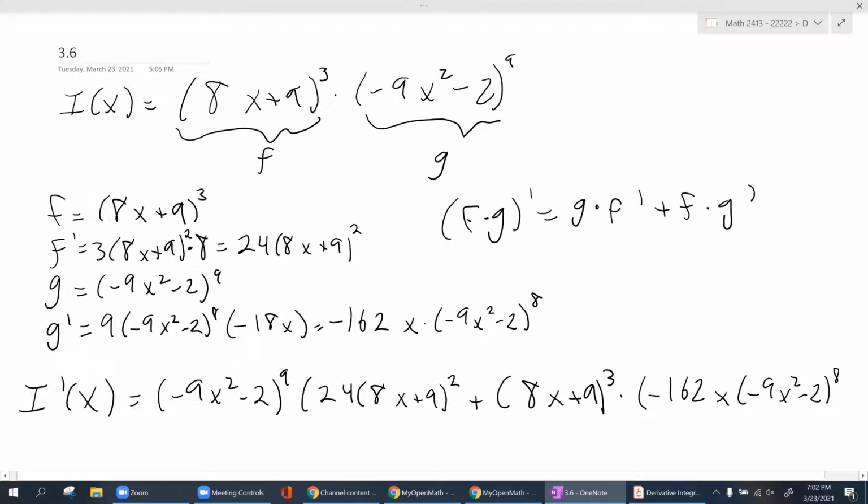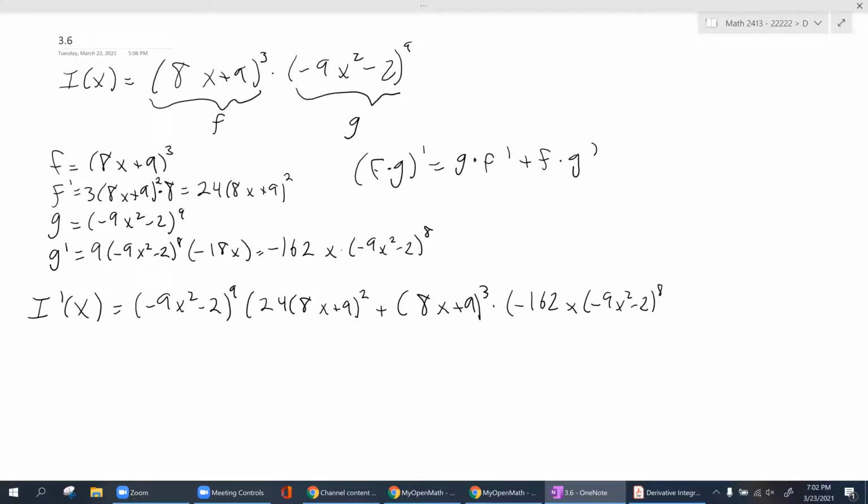The only thing you would have to do here is multiply your coefficients. This 24, bring it to the front, and that negative 162, bring it to the front.